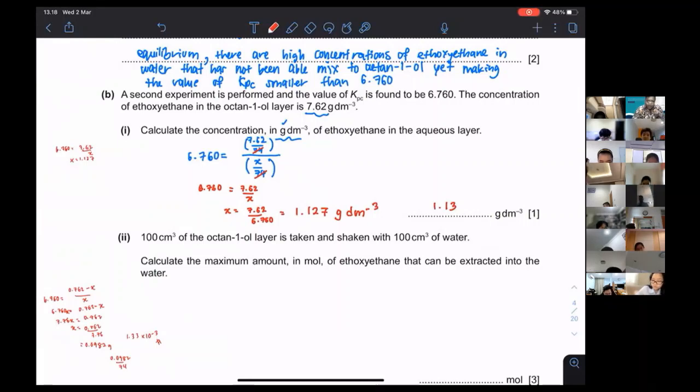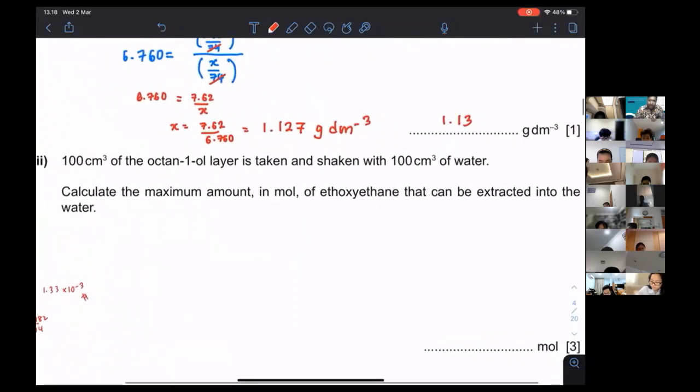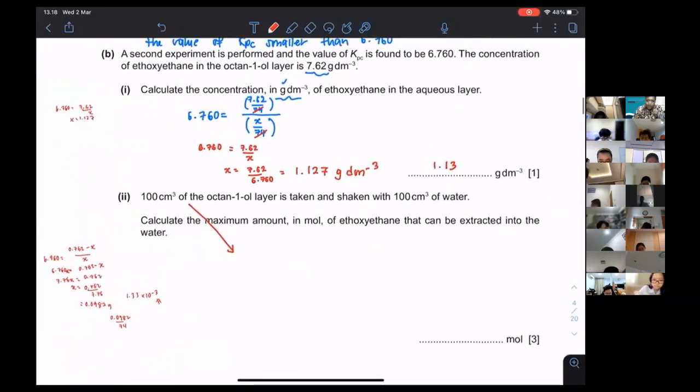Now, you are taking 100 cm cube of octan-1-ol layer. We know that in 1 dm cube, just now we calculated, the octan-1-ol layer is 7.62 gram per dm cube.